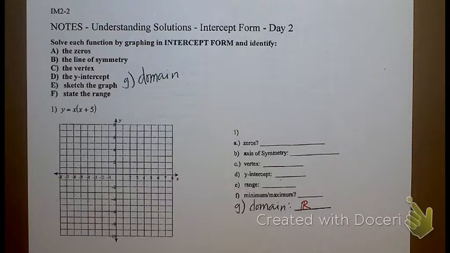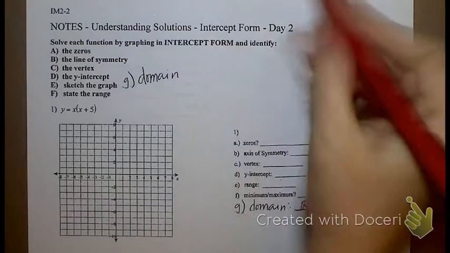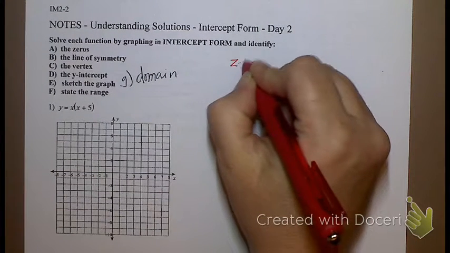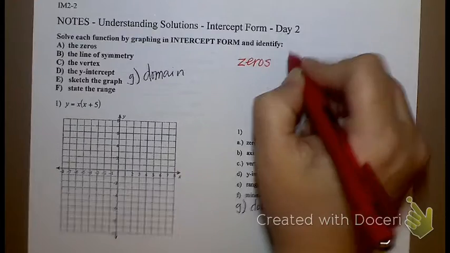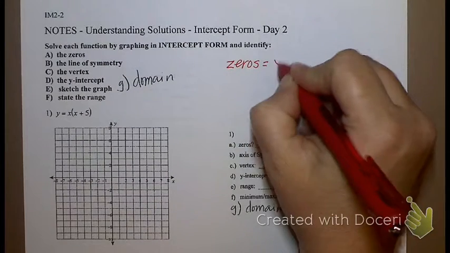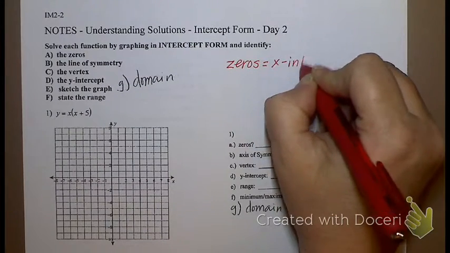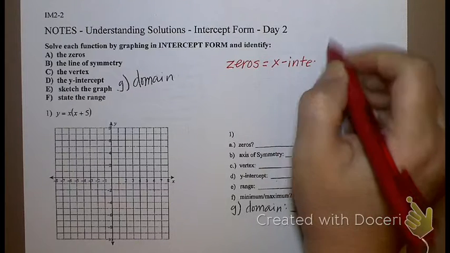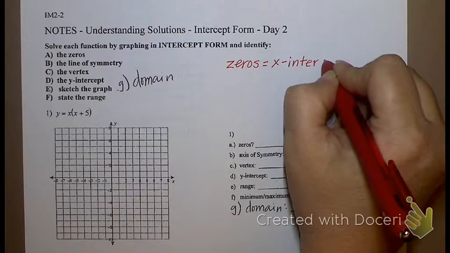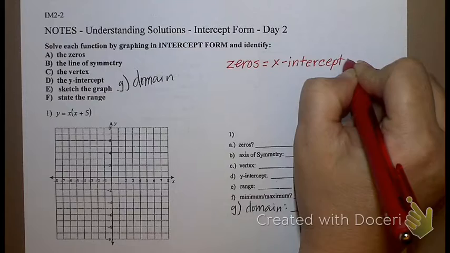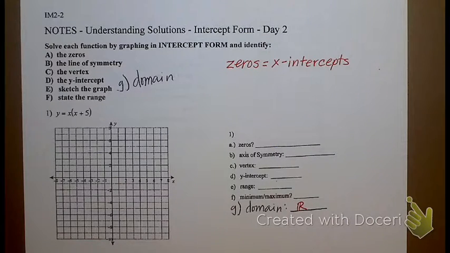The zeros. What the heck are zeros? Oh, those are the X-intercepts. Zeros is another name for X-intercepts.